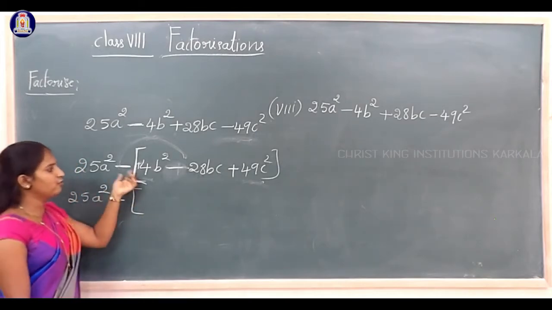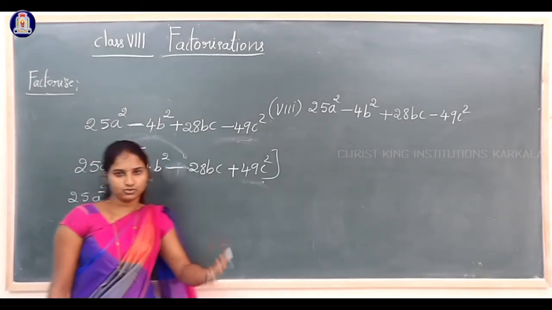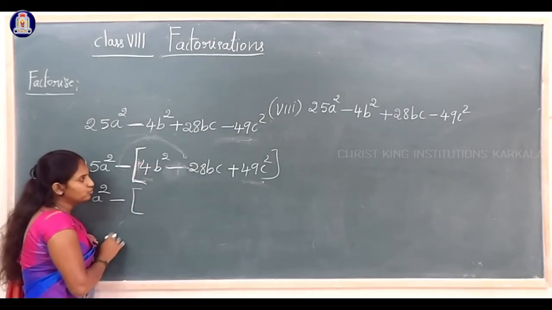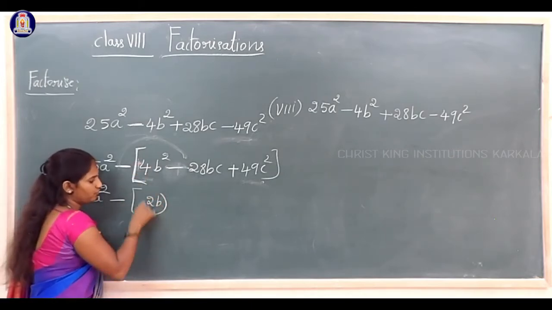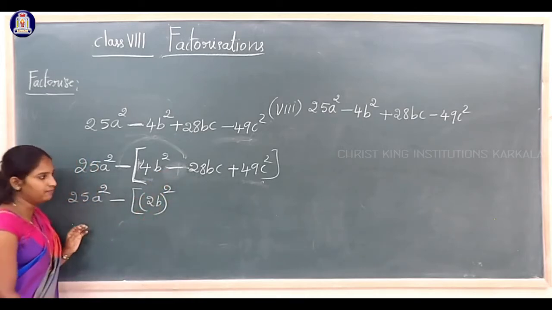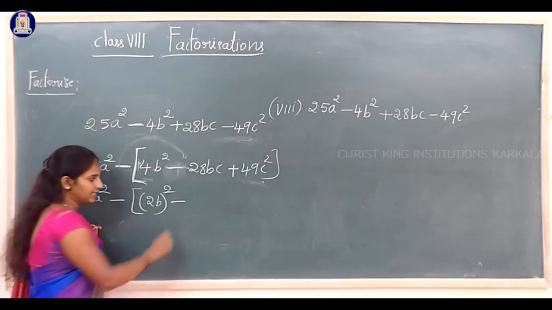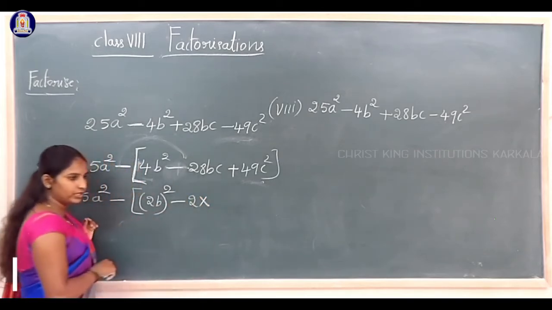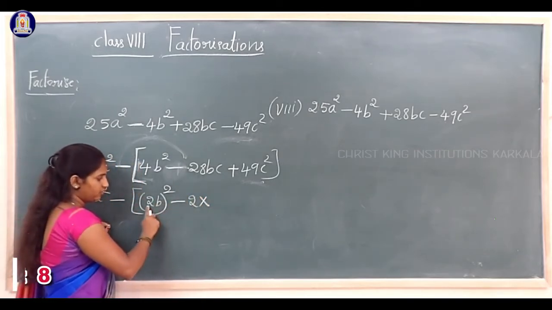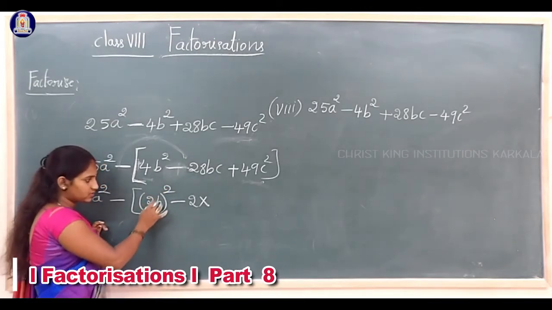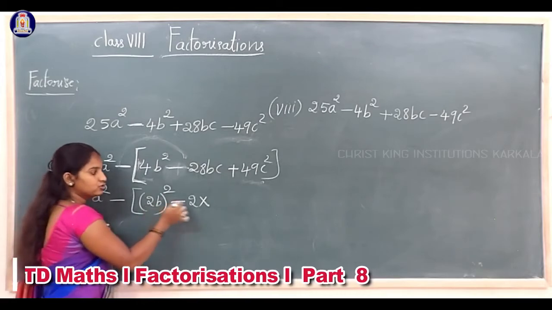See, now 4 and 49 are perfect squares. So this can be written as, 4 means what? 2 into 2, 2b the whole square. 2b whole square minus 28bc can be written as 2 into a into b. What is a? We already wrote a as 2b. A square means here a is 2b.